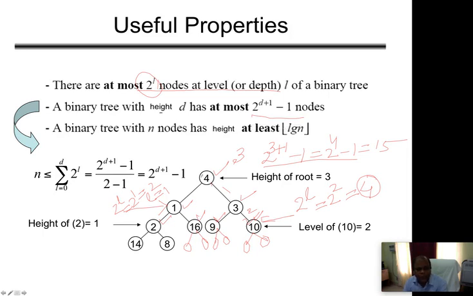In a particular level, how many nodes will be there? 2 to the power L nodes will be there, and the level will be from 0 to D. That means the sum is 2 to the power D plus 1 minus 1, divided by 2 minus 1, as it is proved. This is the number of nodes that will be there.